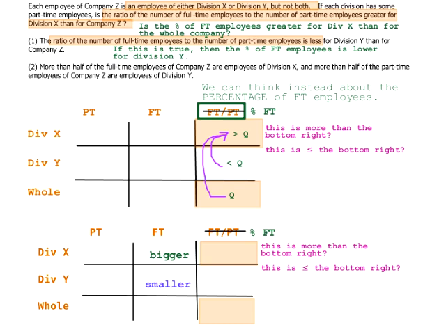The rest of the statement says that more than half of the part-time employees of company Z are employees of division Y, which means division Y has more of the part-time people. So this is bigger and this is smaller.